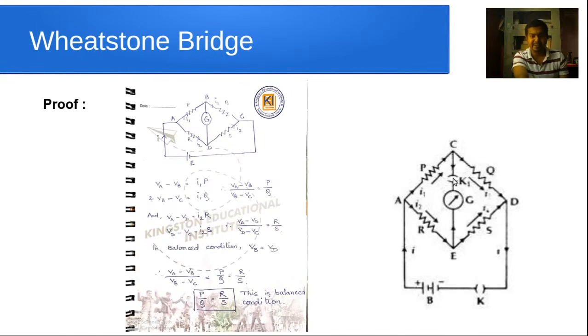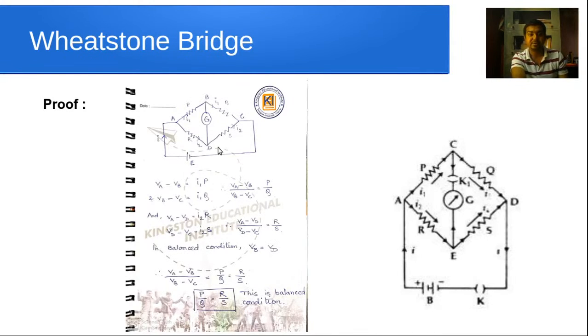By considering this, we can say that I1 totally goes through P, and this I1 then flows through Q. So I1 here is the same as I1 here.